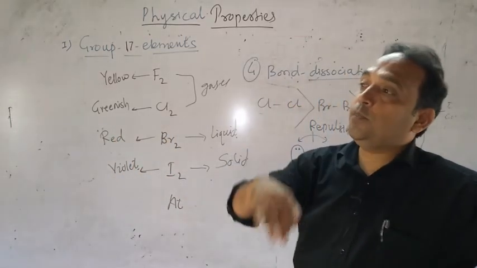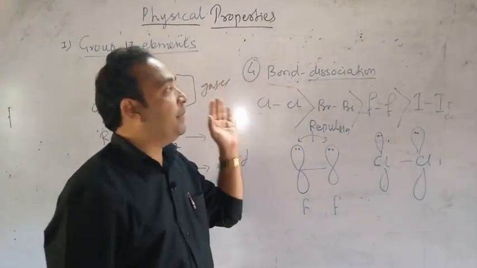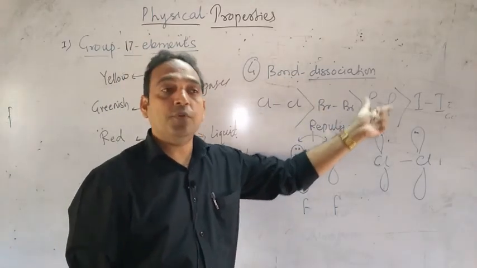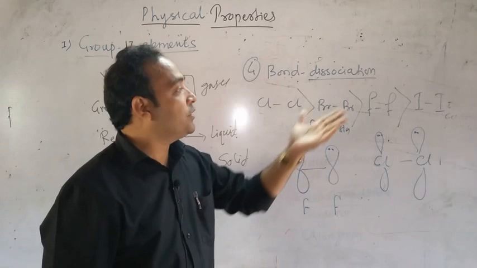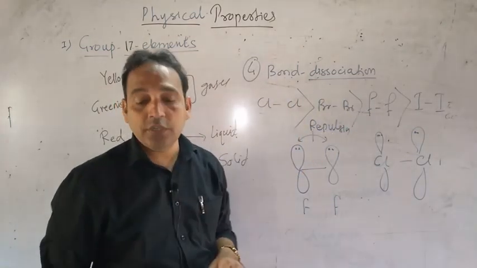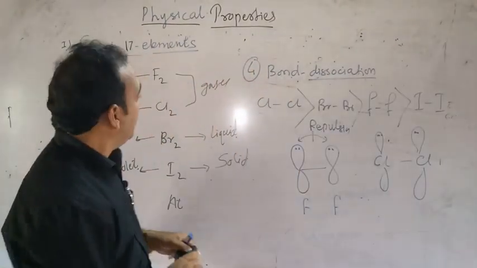Now third physical property, the bond dissociation energy of halogen family is in the order Cl2, Br2, F2 and I2. So why the bond dissociation energy of fluorine is less as compared to bond dissociation energy of iodine? That part we have discussed.